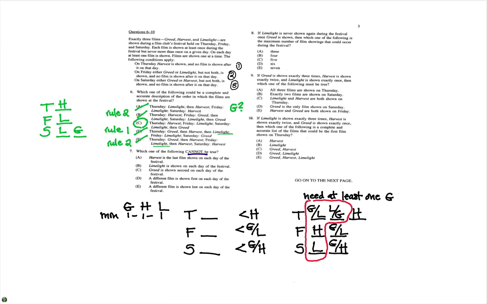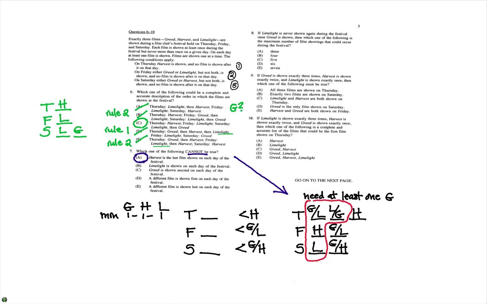And you notice rule 2 tells us that Friday must have greed or limelight, not both, and no film is shown after it on that day. And again, you can tell from our max scenario that we've drawn out that it is impossible for harvest to be last on Friday. So A would be the correct answer.